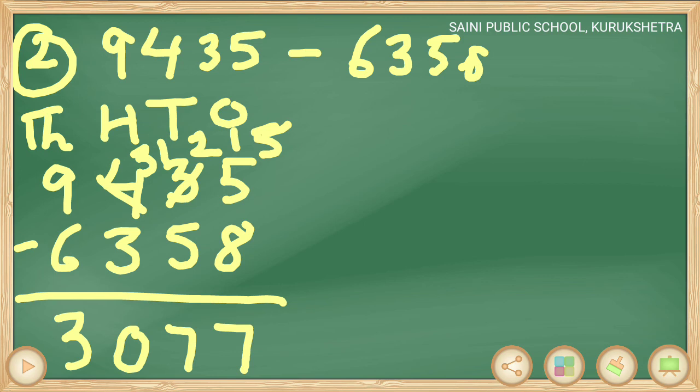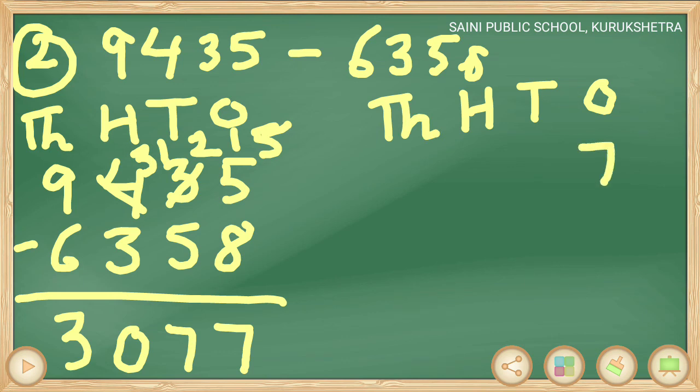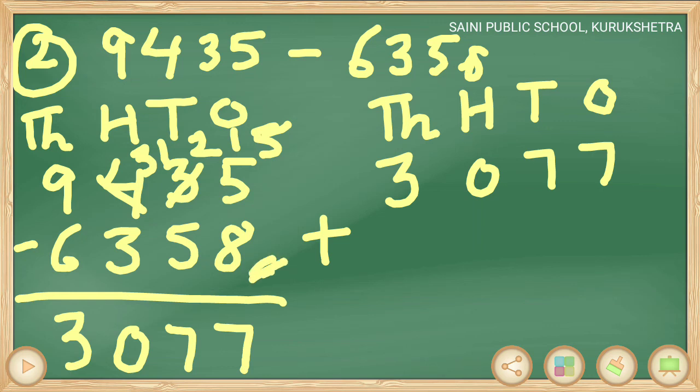Now for verification, we will add this difference to the lower number. So first of all, write places: ones place, tens place, 100 place, and then 1000 place. Now write the difference place wise: 7703. Put a plus sign here, and here I will write the lower number, 6358.